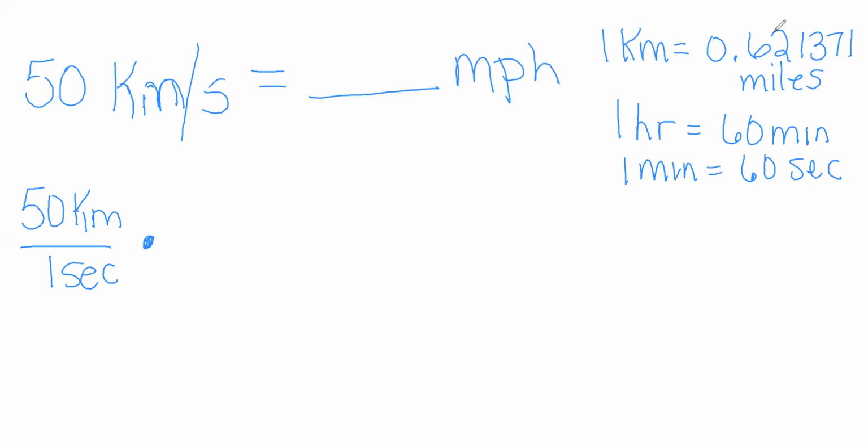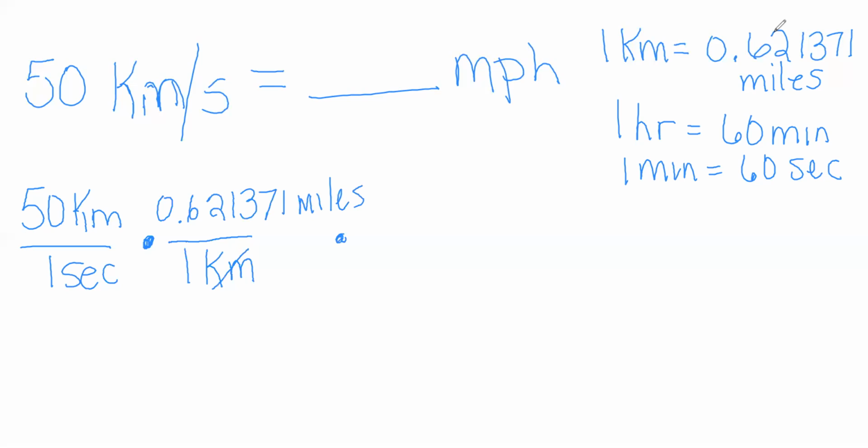We'll worry about the seconds on the bottom in a minute. Now let's try to convert our kilometers to miles first. So let's put kilometers on the bottom, because we want to eliminate that unit. And we said that 1 kilometer is equal to 0.62137 miles.